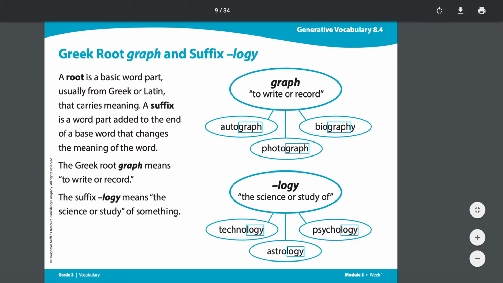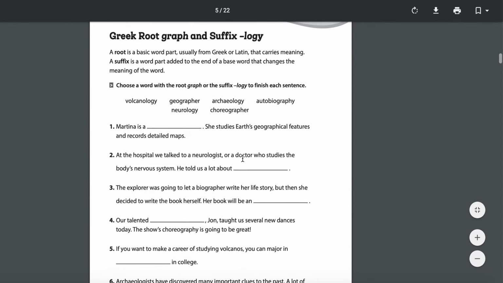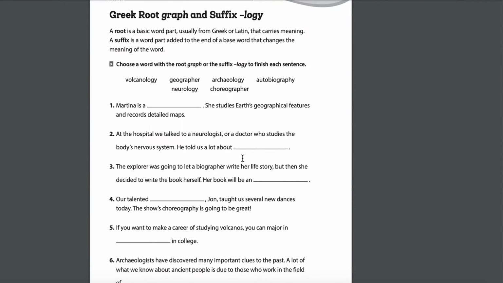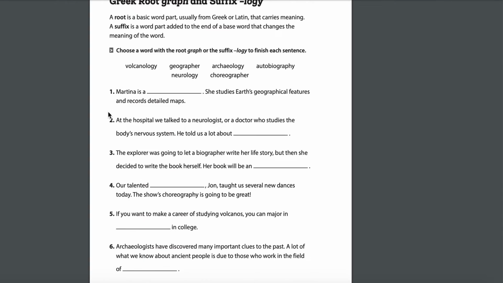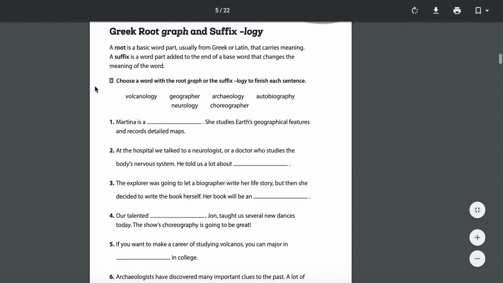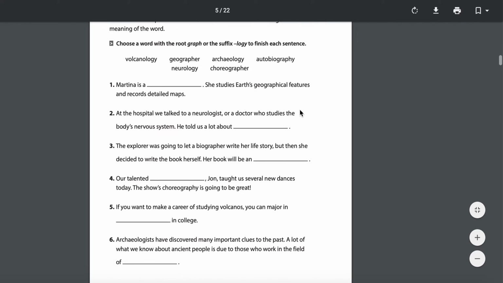Okay? So using what you've learned here, you will have, whoops, wrong one here, page 172. Greek root graph, and suffix logi. So here you have 6 words that you get to choose from, and you're going to fill them in. Now, these words are kind of big, but knowing what you've learned about your new Greek root graph and the suffix logi, let's see if you can try to figure out what each one means.